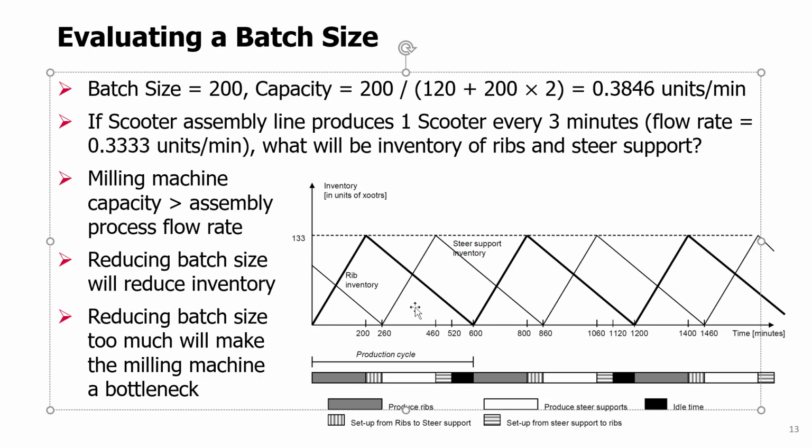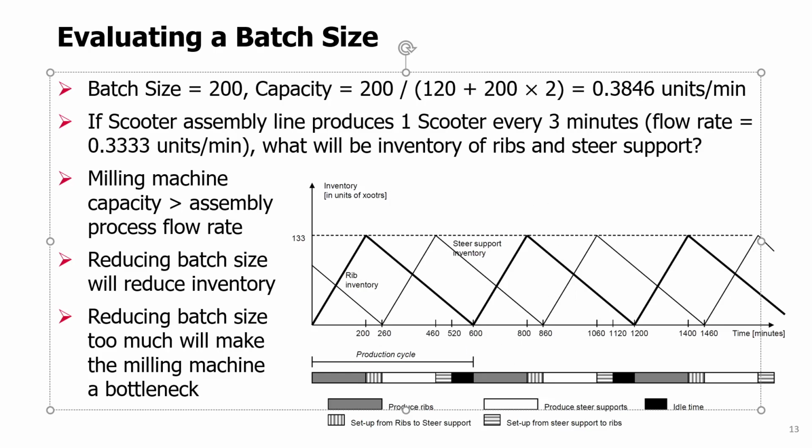So the consumption is continuous, because the assembly line is continuously operating, but the batch production shifts from one product to the other. After 200 minutes producing steer supports, again, there will be a setup. And then, in order not to build up inventory, we have to wait for 80 minutes doing nothing. This machine has to take a break before it starts the next cycle.